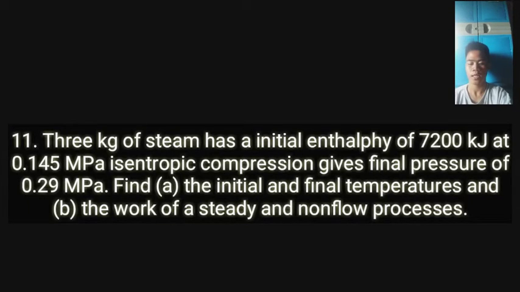Okay, next, number 11. 3 kg of steam has an initial enthalpy of 7,200 kJ at 0.145 megapascal. Isentropic compression gives a final pressure of 0.29 megapascal. Find A, the initial and final temperatures, and B, the work of steady-flow and non-flow processes.